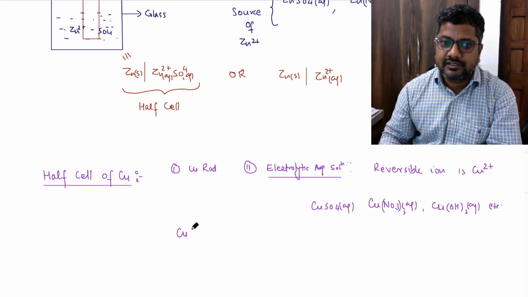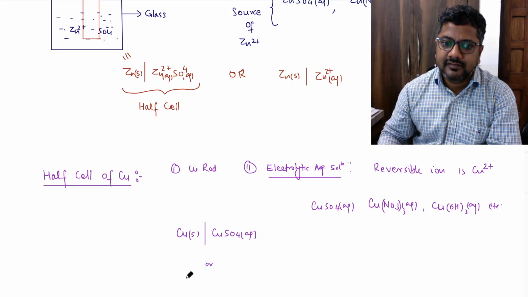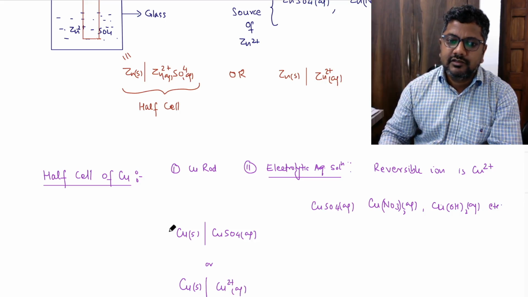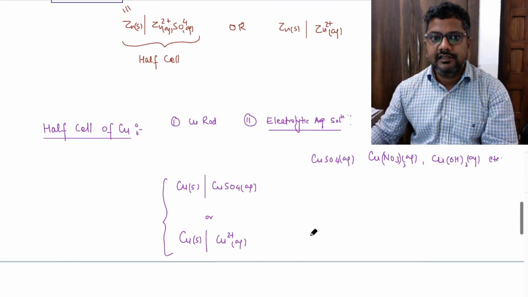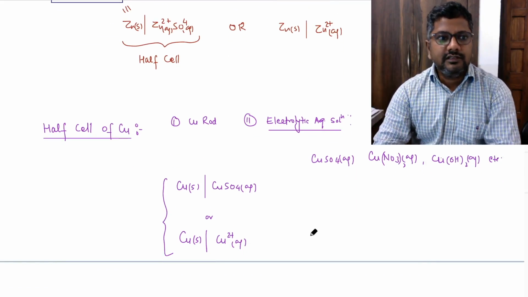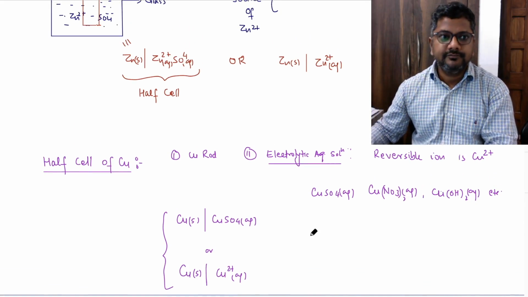You can represent this as copper solid, copper sulfate aqueous, or copper solid, Cu2+ aqueous. So this is the representation of this half cell. In this way you can represent these half cells. Okay, good.